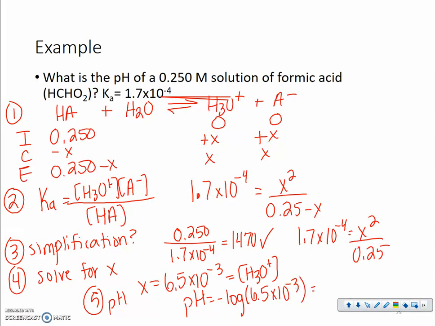Some problems might ask you to also find the degree of ionization or the percent ionization, which you could also do, 2.2. The degree of ionization is going to be how much acid you have, which is your x value, over your starting concentration, which was 0.250.